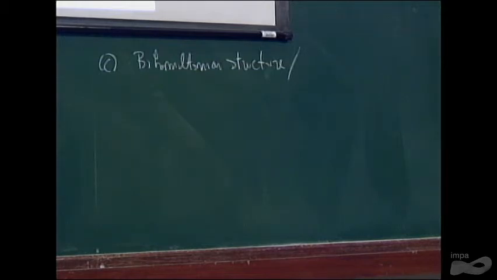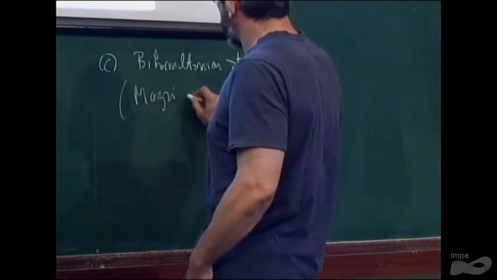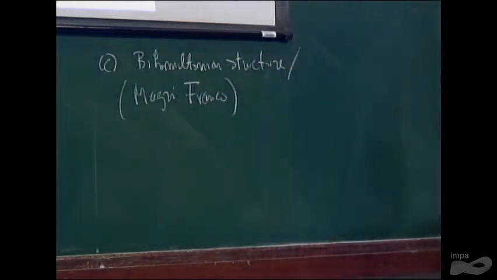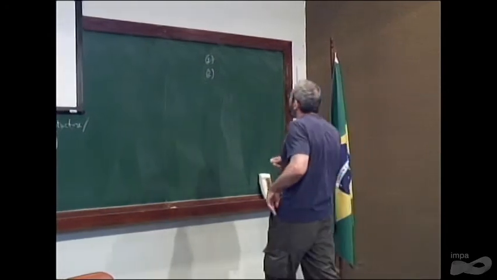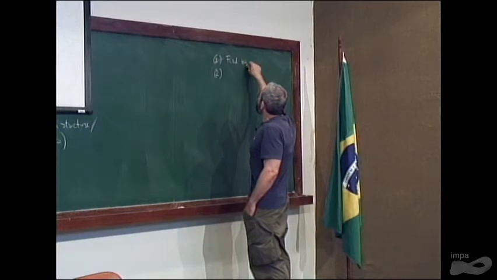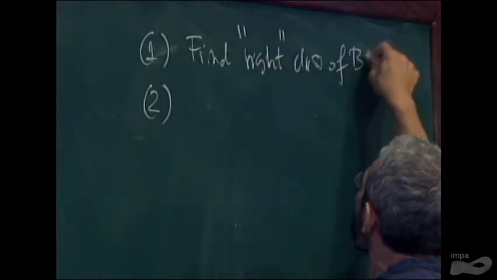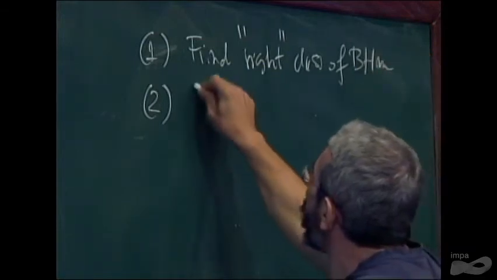Then, in the program that was started by Franco Magri and collaborators, there are a few points that are important to touch. The first point is to find the right class of Bi-Hamiltonian manifold.